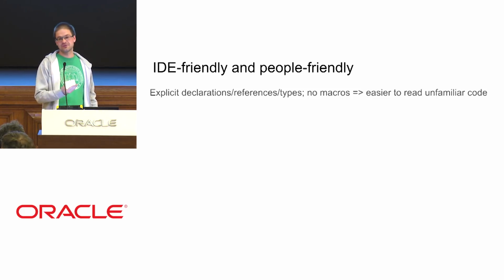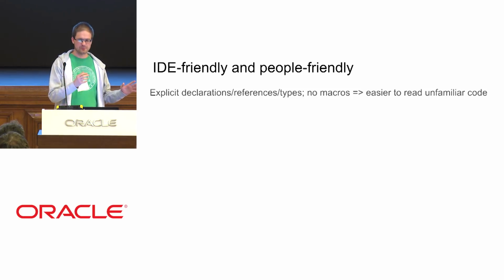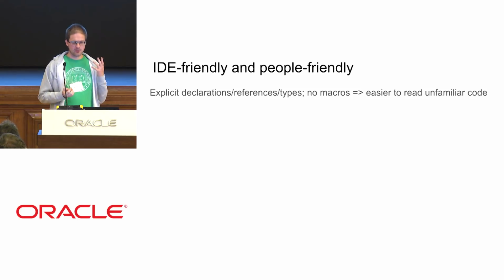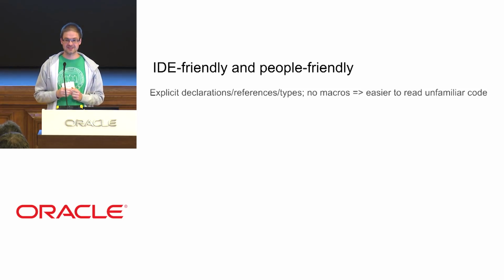Think of new developers joining a large project. They know the language, but they don't know what this project is about, how it's organized. And having this explicitly written information will probably help them to get on board faster and start developing some useful stuff.